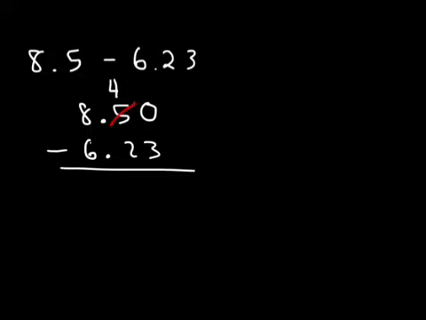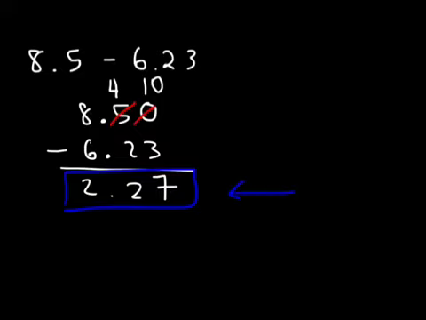So the 5 becomes a 4, and the 0 becomes a 10. So now we have 10 minus 3, which is 7. And then it's 4 minus 2, which is 2. And finally, 8 minus 6 is 2. So the final answer for this example is 2.27.